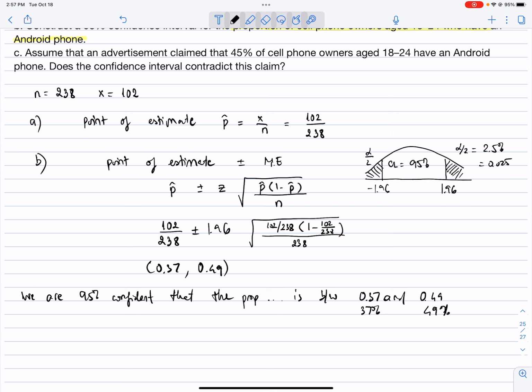And there's an advertisement that claimed that 45% of the cell phone owners have one. So the number 45 is in this range, so what they claim does not contradict this interval.